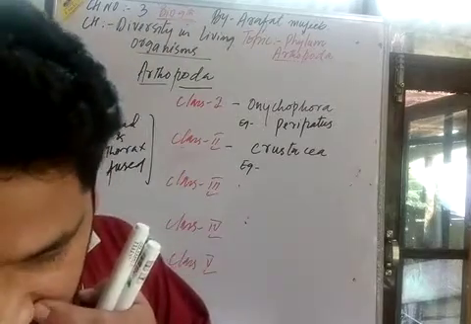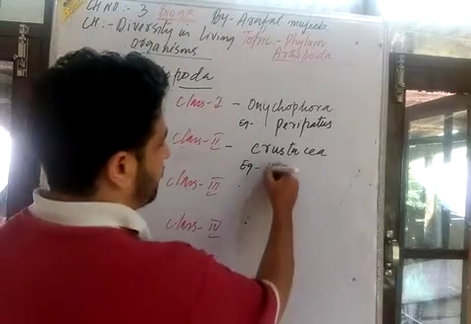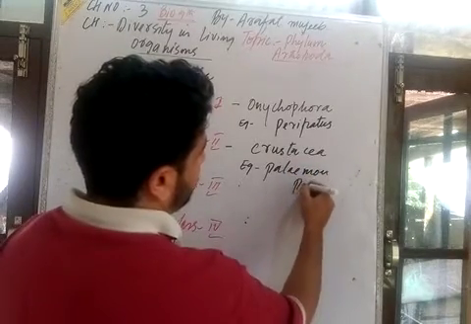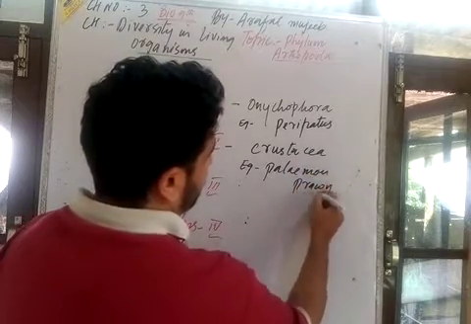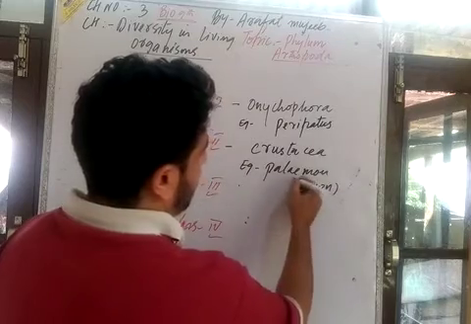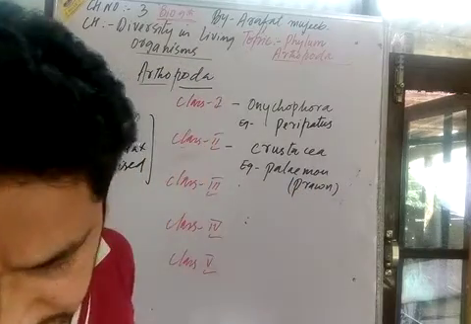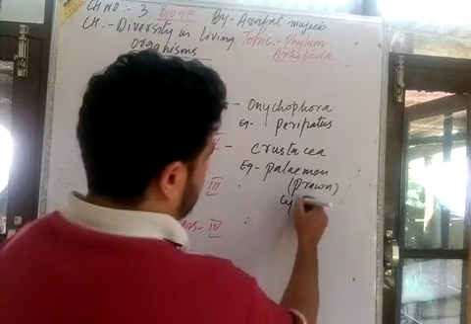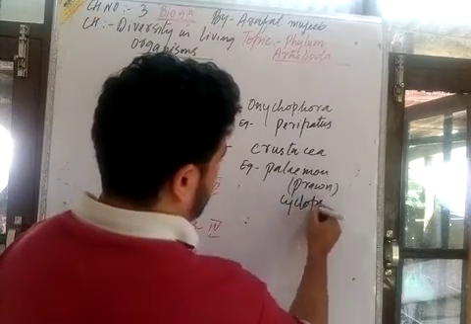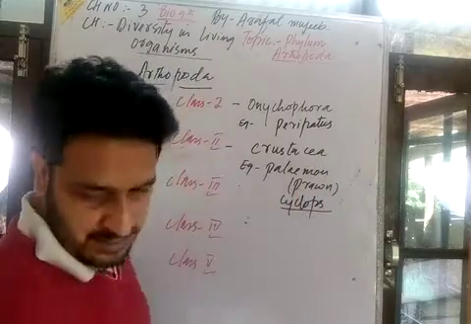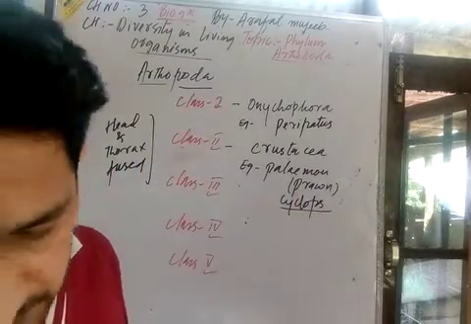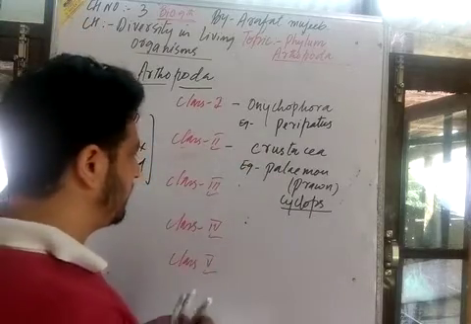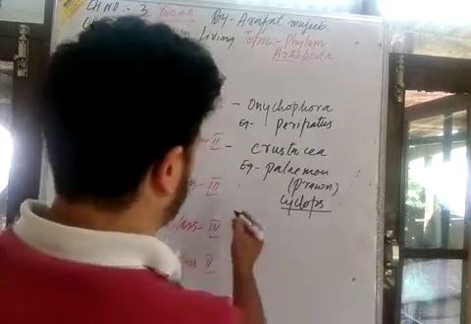Example जो mention कर लूंगा इसमें, Palaemon, that is commonly known as a prawn. Then another example, Cyclops. They are the examples belonging to the second class, Crustacea.